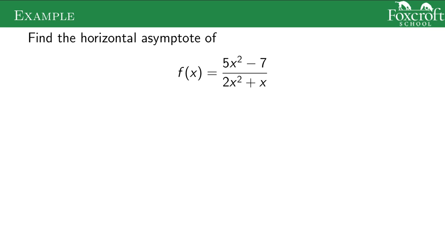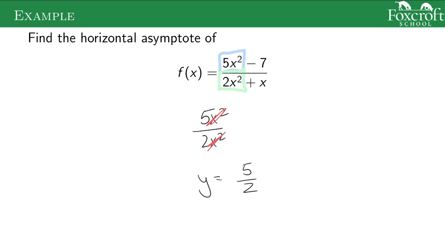Let's look at some examples. In this case, we're going to find the horizontal asymptote by looking at the biggest powers of x. On the top, it's x squared. On the bottom, it's also x squared. So when I get to infinity, this graph is like 5x squared over 2x squared. The x squareds are the same, they cancel out, and my final answer is 5 over 2.